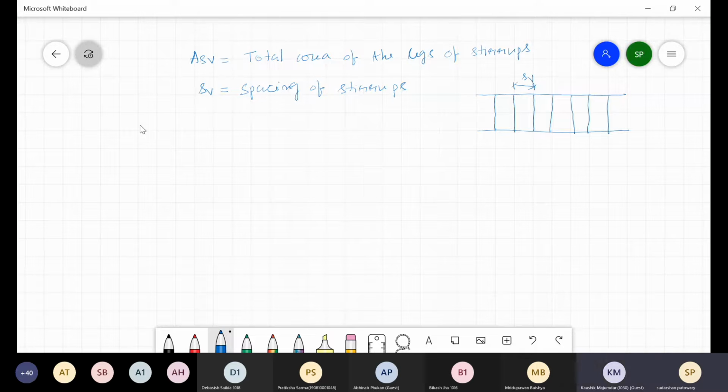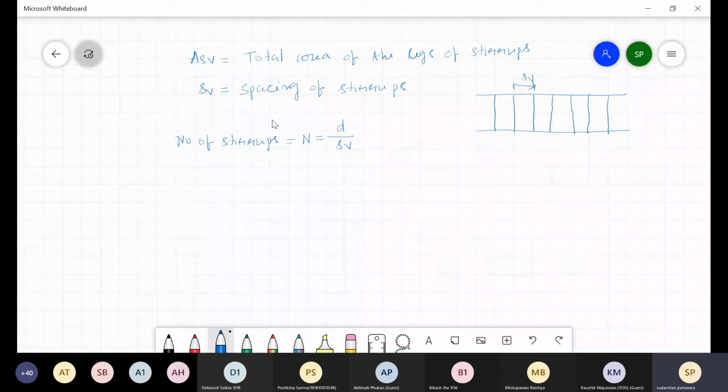Yes, sir. So if ASV is the total area of the legs of the stirrup and SV is the spacing, how can we find the number of stirrups required? The number of stirrups is given by N equal to d by SV.